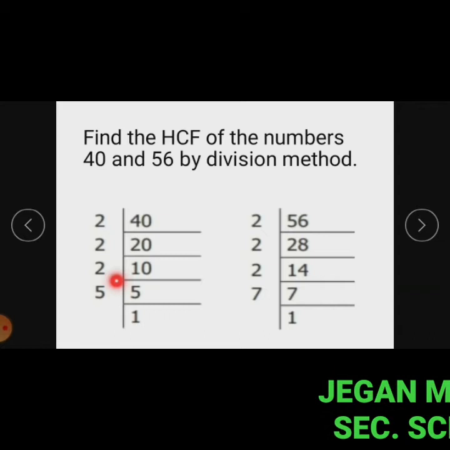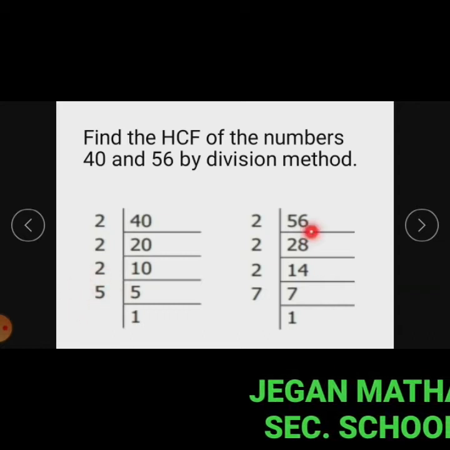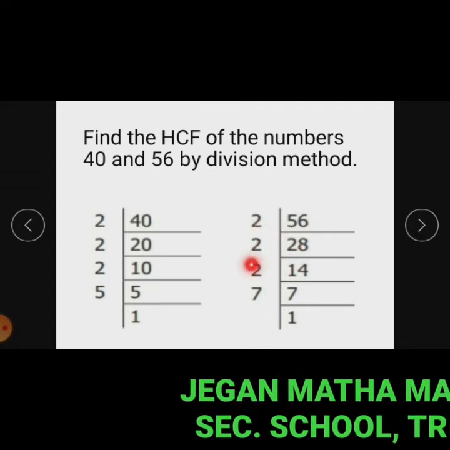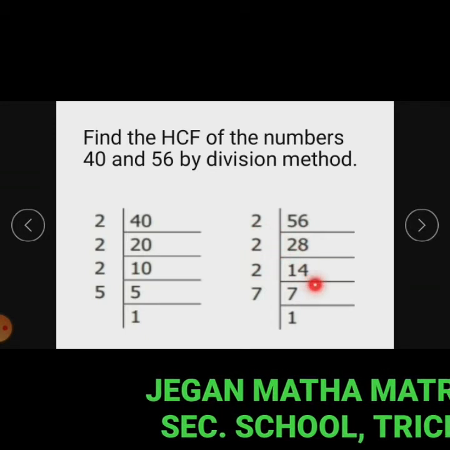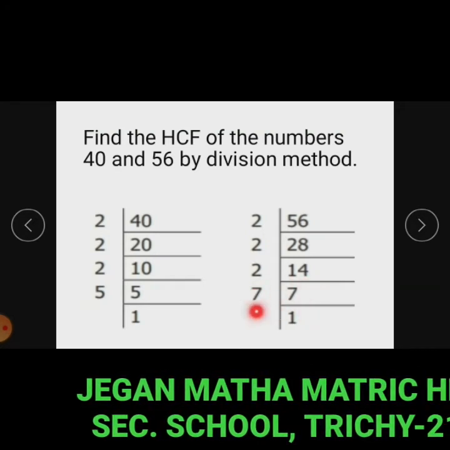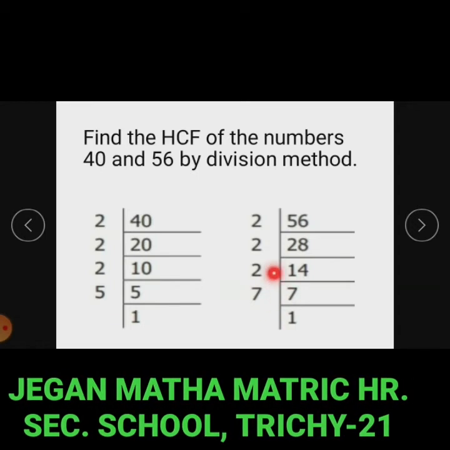Here 5 is also a prime number. 56 is divided by 2, we get 28, which is divided by 2, we get 14, divided by 2, we get 7. 7 is divided by 7, we get 1. 7 is also a prime number.